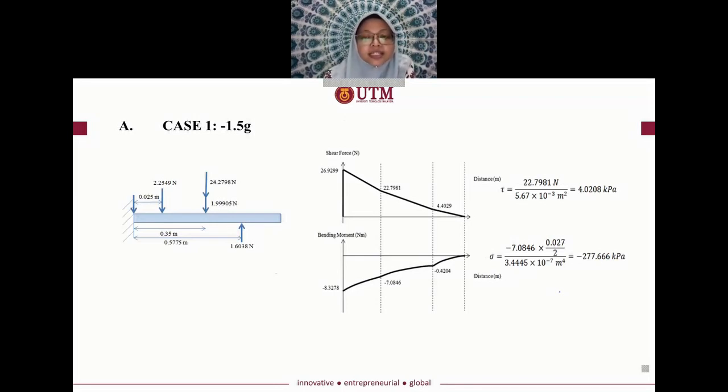The same analysis is done on the wing with ailerons, considering the same three cases: negative 1.5G, 1G, and 3G. The trend for the wing with aileron seems to be similar to that without aileron, but with different values of stress. For example, by looking at the figure here, the maximum shear stress is 4.0208 kPa, while the maximum bending stress is 277.666 kilopascal.